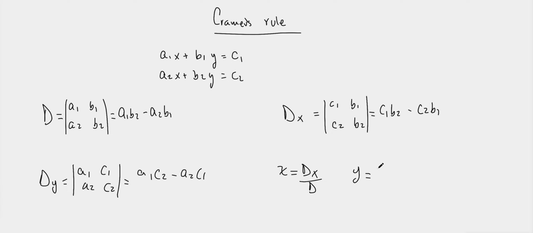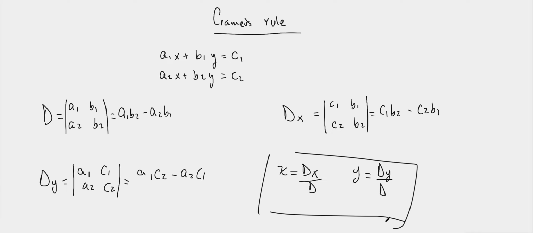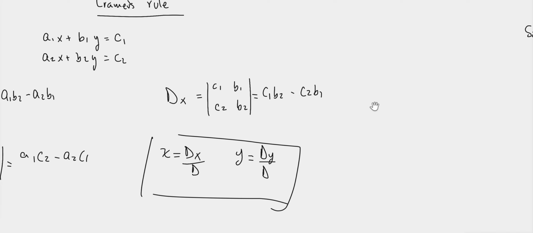And Y is going to be the determinant of Y divided by the determinant of the coefficient. Make sure that you write this down, because we're going to do an example right now and use this formula to find X and Y. Hopefully you wrote that down. You can always pause the video or go back.